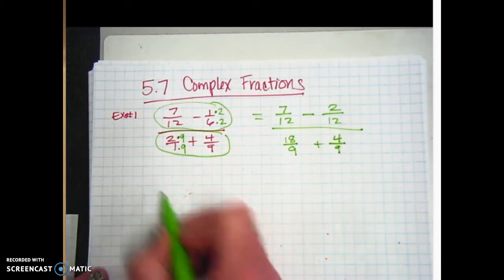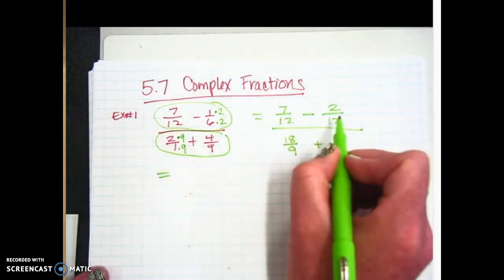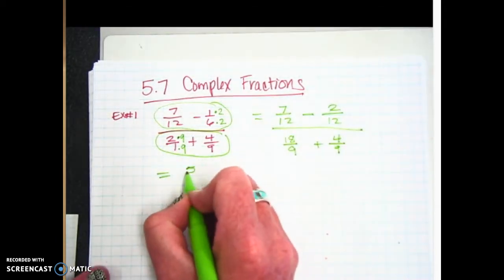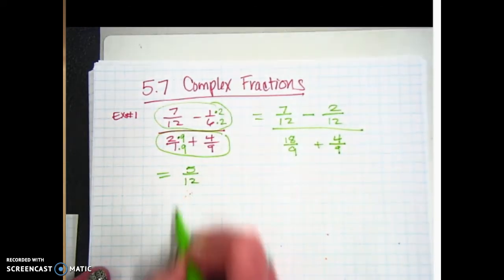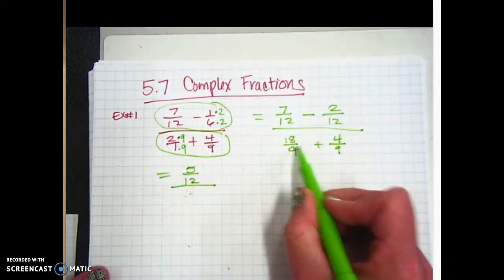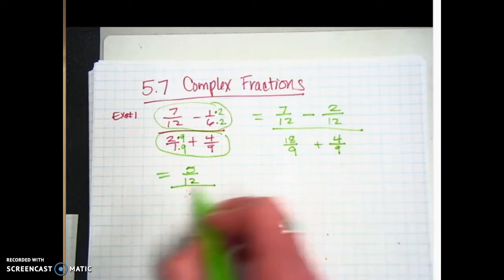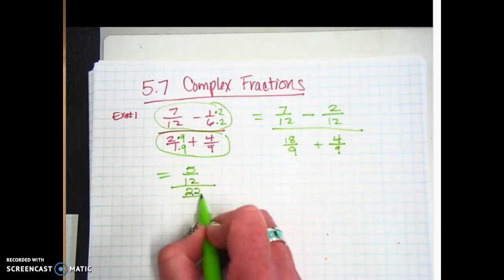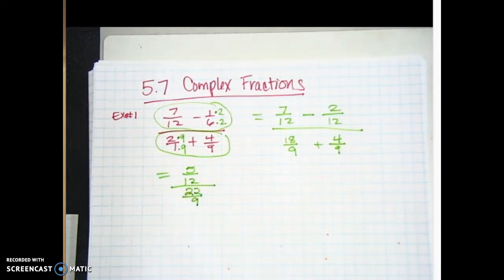Now we can simplify. So 7/12 minus 2/12 is 5/12. And then in the denominator, we have 18 ninths plus 4 ninths, which is 22 ninths. And then it looks a lot like what we did yesterday, right? Where you have a fraction within a fraction and you're dividing.